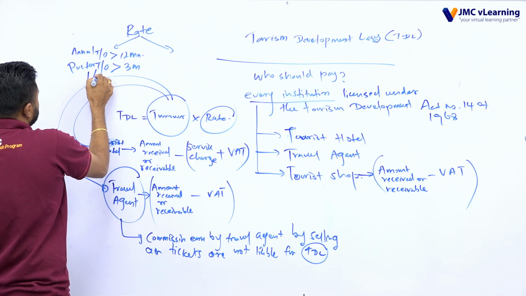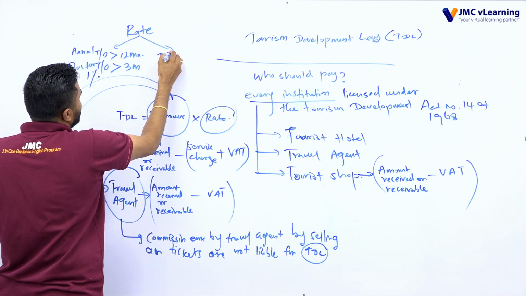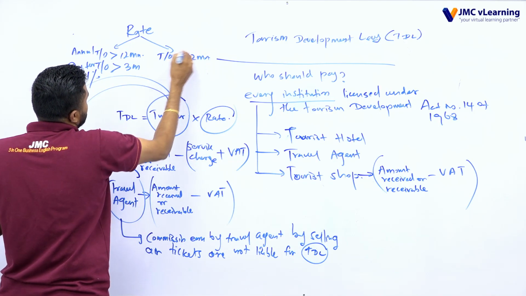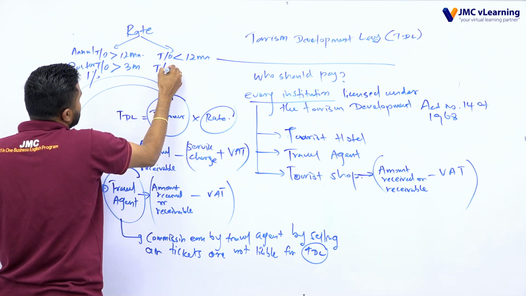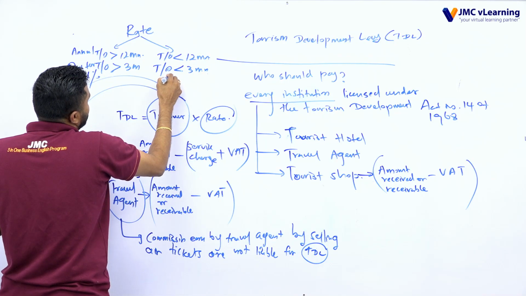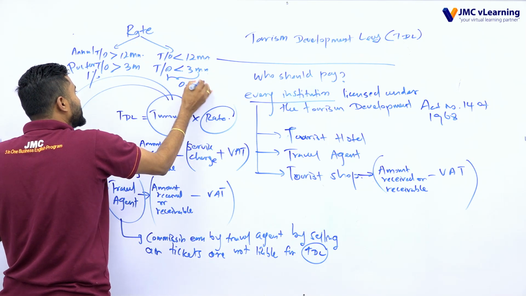If the annual turnover is less than 12 million or the quarterly turnover is less than 3 million, you should pay the rate of 0.5%.